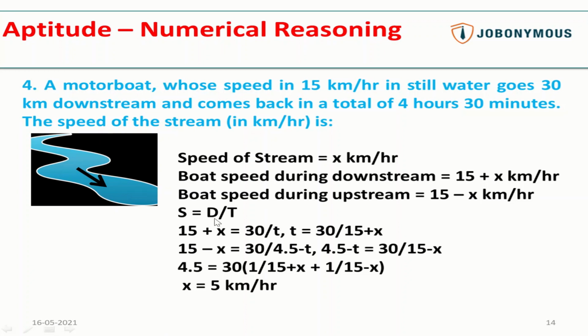Total time taken is 4 hours 30 minutes. So you can assume that going down time is t and going up time is 4.5 minus t. That way total time will be 4.5 hours, and then solve this equation to get the value of the stream, which is 5 km per hour.